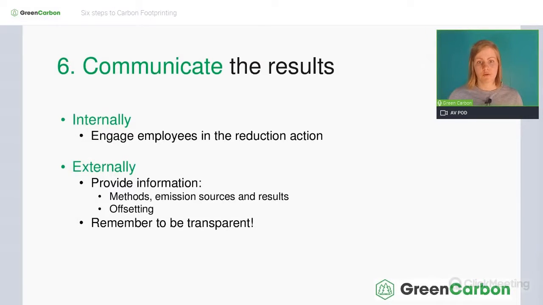This is a good way to report emissions or carbon footprint. So the keyword is transparent. Please remember to be transparent, because it also gives a good impression of your company if you tell all these things, and consumers or stakeholders can look at how you conduct the carbon footprint calculations.